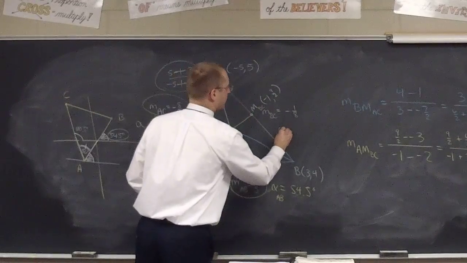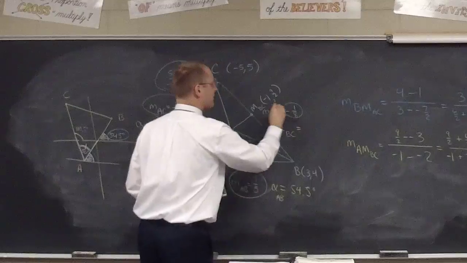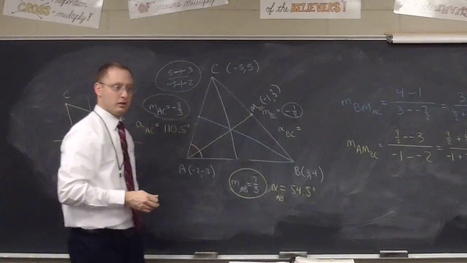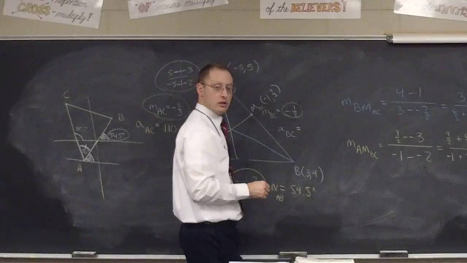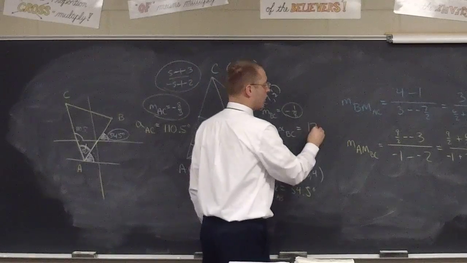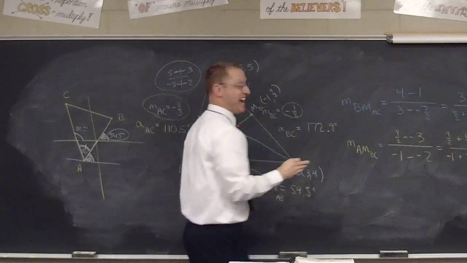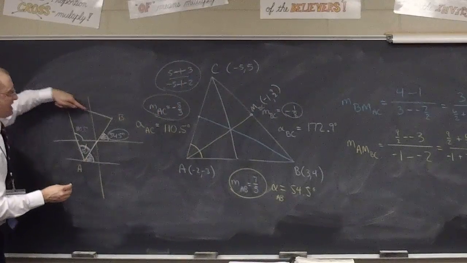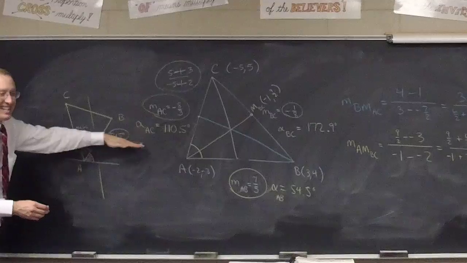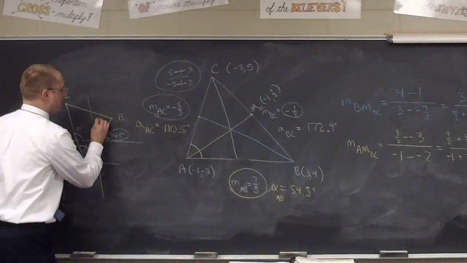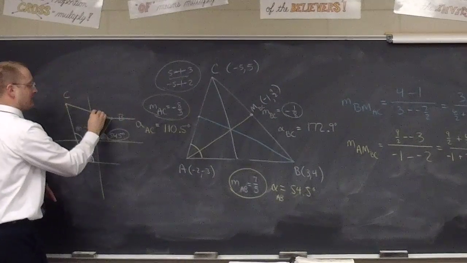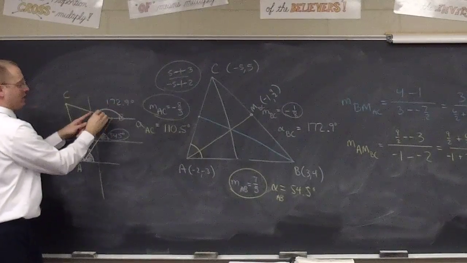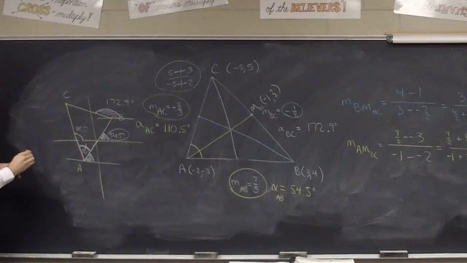Find for me the angle of inclination of BC, given its slope of -1/8. Good, it's going to come out to 172.9 after you add the 180, correct? Now notice this line BC never actually crosses the x-axis, does it? But if I drew kind of a parallel to the x-axis, this angle is the 172.9 right here, correct?